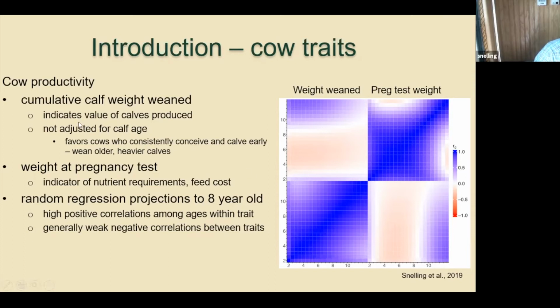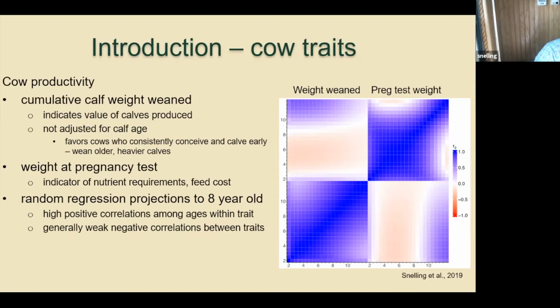In this case, we're not adjusting for calf age because we want to favor cows who consistently conceive and calve earlier than their contemporaries. So they'll wean older, heavier calves.